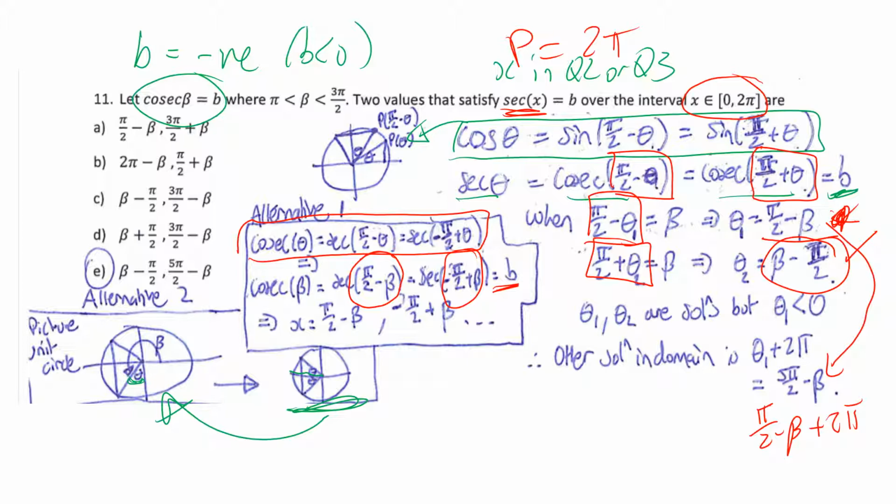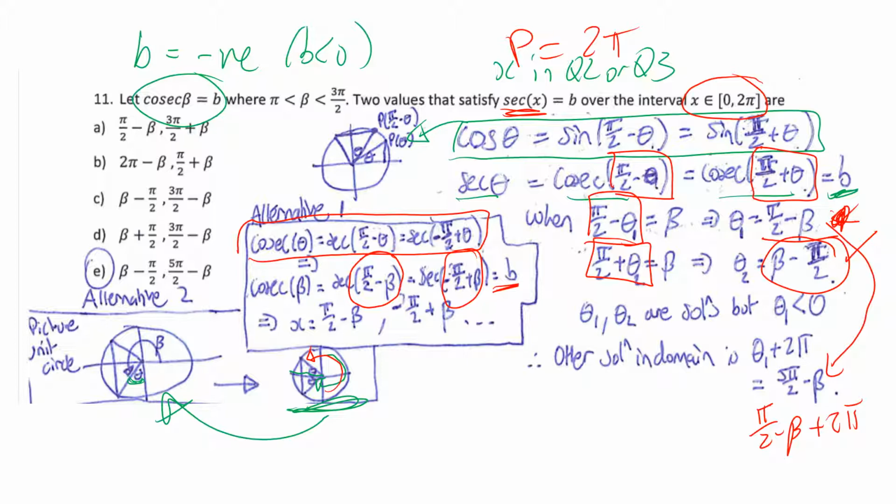Well, you can see pi on 2 minus beta will get you that fourth quadrant angle. And then if I go down to here, minus pi on 2 plus beta gets us into the second quadrant. That's fine. And of course, pi on 2 minus beta, we just take the equivalent angle by adding 2 pi onto it. So three distinct ways from it.